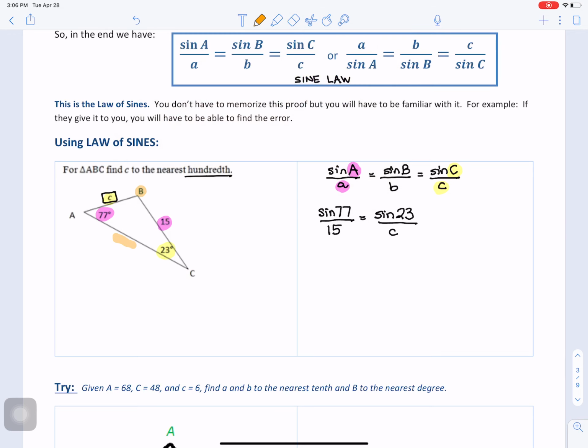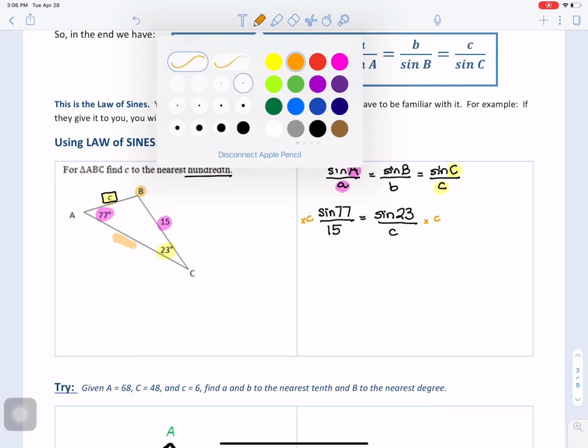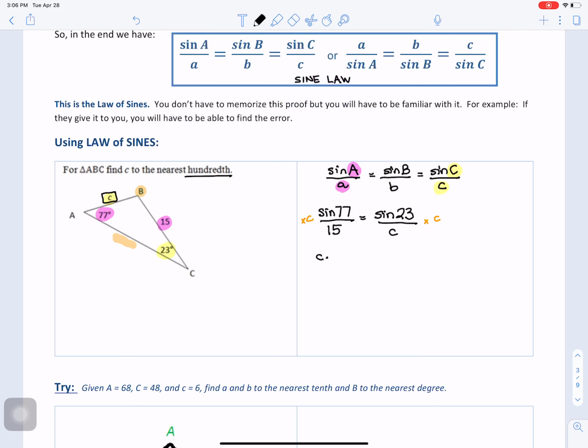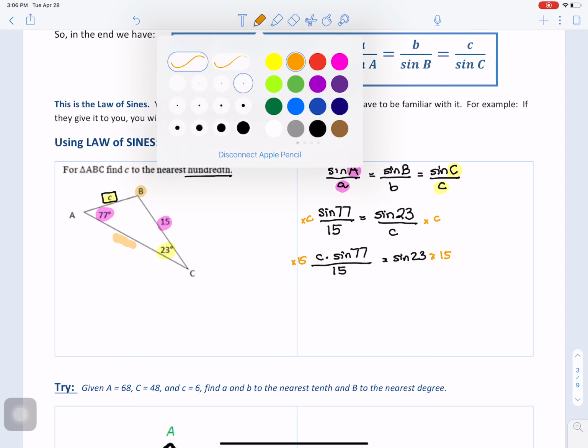We just need to use algebra. I'm going to multiply both sides by c. So c times sine 77 over 15 is equal to sine of 23. I want to multiply both sides by the 15 to get rid of that denominator.